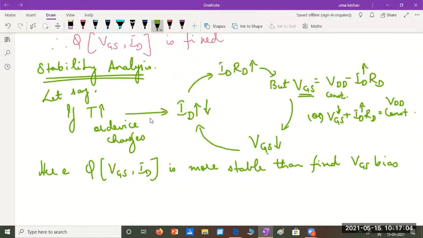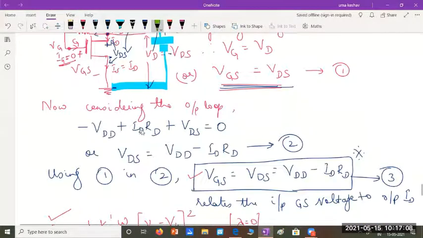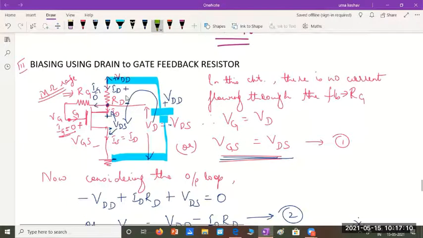Is that clear? Any doubts with this drain to gate feedback bias? So very simple. Remember, you just need to connect a resistor between drain and gate, a very large resistor, so that no current flows through this resistor, which means the voltage at one end of the resistor will be equal to the voltage at the other end.